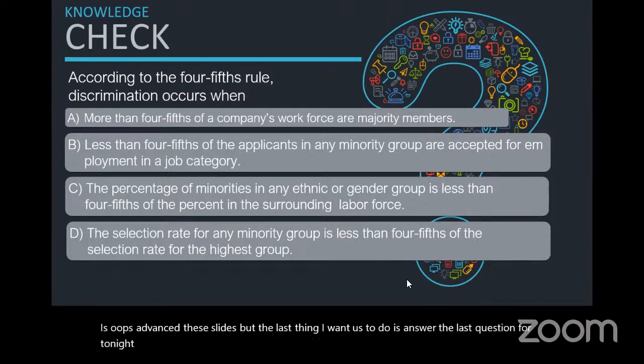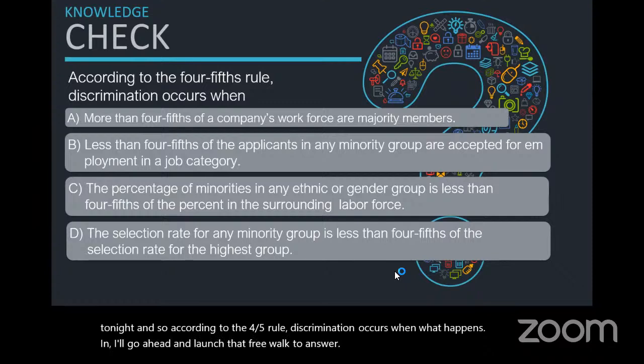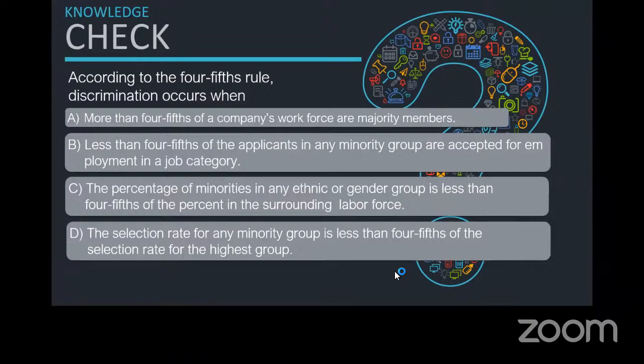According to the 4/5 rule, discrimination occurs when what happens? I'll go ahead and launch that for you all to answer. All right, I see those responses rolling in.